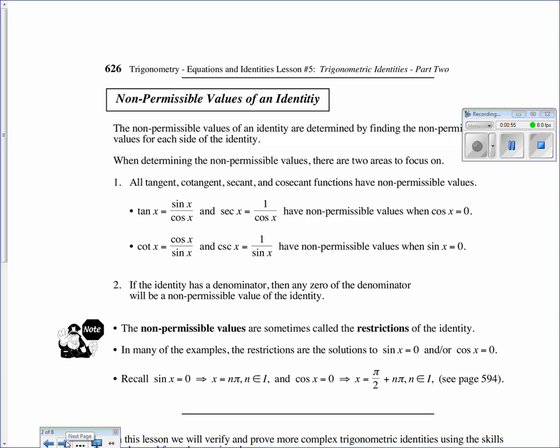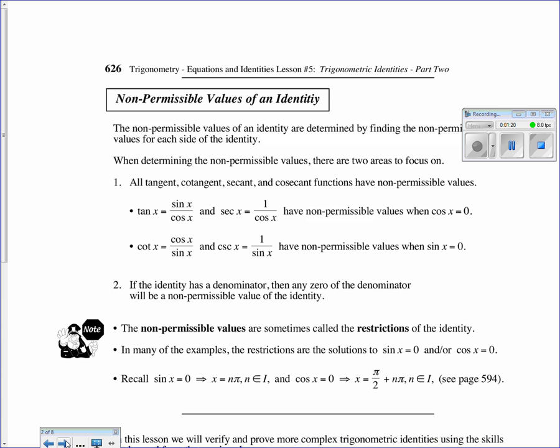All tangent, cotangent, secant, and cosecant identities or equations have non-permissible values because you have denominators. When your denominator is equal to 0, the graph doesn't exist, the function doesn't exist, you cannot use it. Those non-permissible values are sometimes called restrictions of the identity.